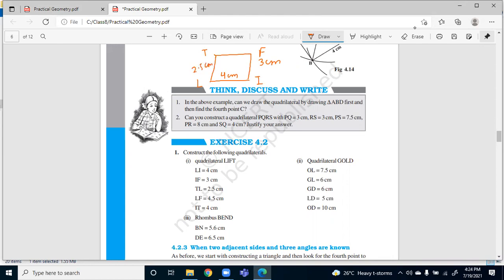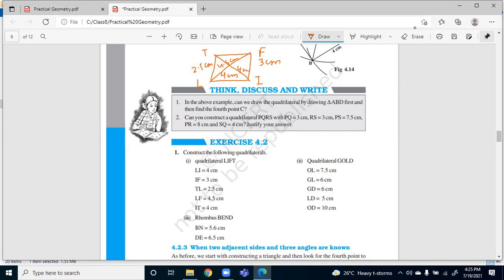Whatever is given, I'm mentioning it. LF is the diagonal. The length of LF is given as 4.5 centimeter. And IT, that is another diagonal, its length is given as 4 centimeter. So this is what we need to do.